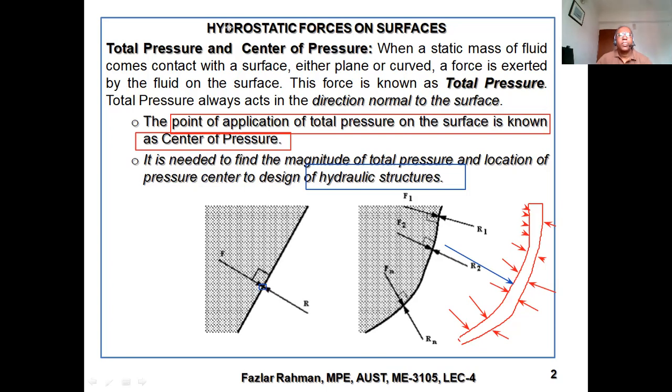For example, you submerge a sphere in the water, then all the pressure will work perpendicular to the surface. That means the direction will be toward the center of the sphere. Okay, and if this one is the water line, obviously right over here pressure will be low, this will be high, and gradually moving upward the pressure will decrease, depending on the size of the ball.